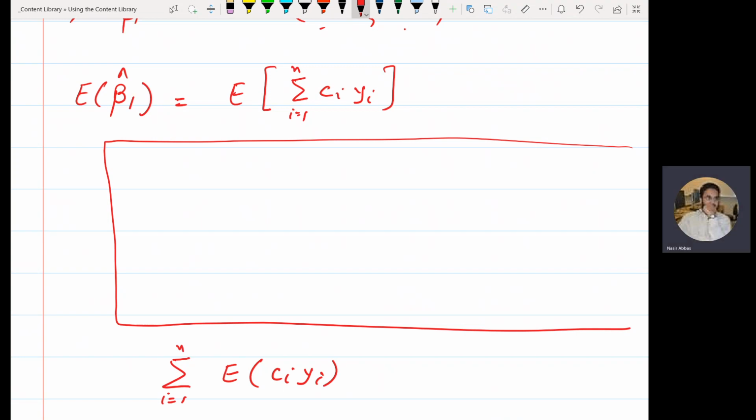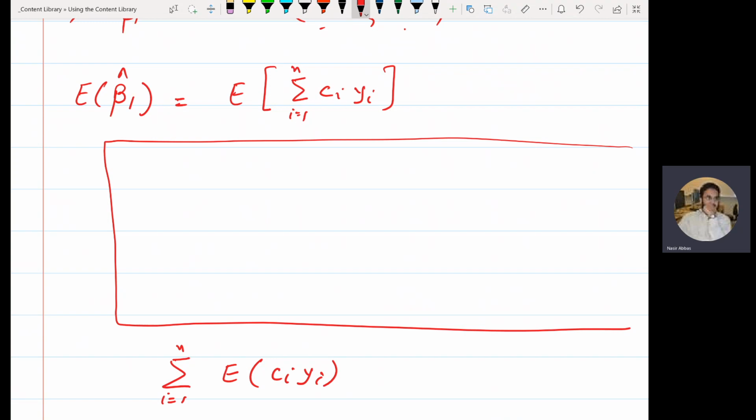Up to this point, what is the thing that you need to memorize? The formulas of beta naught hat and beta 1 hat will be given to you if I don't ask you to derive them. If I ask you to derive them, then they will not be given.